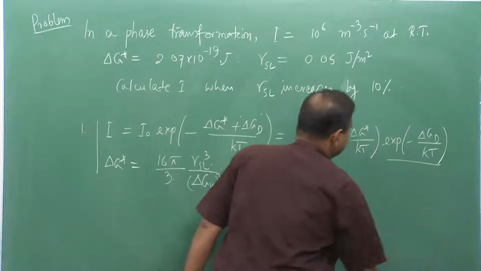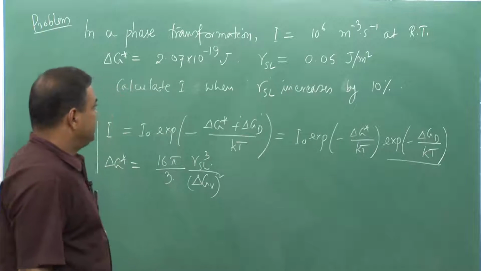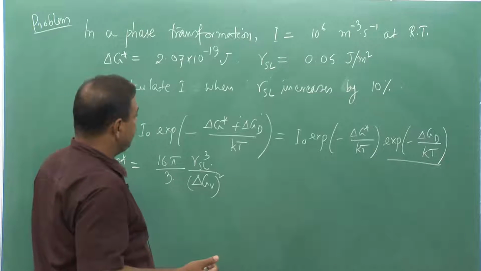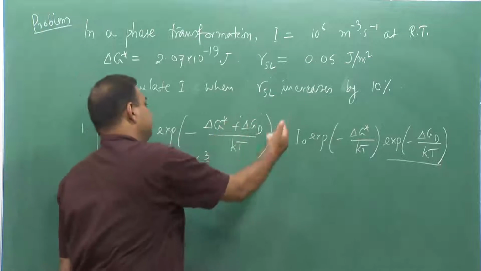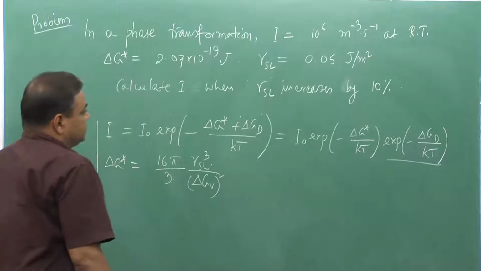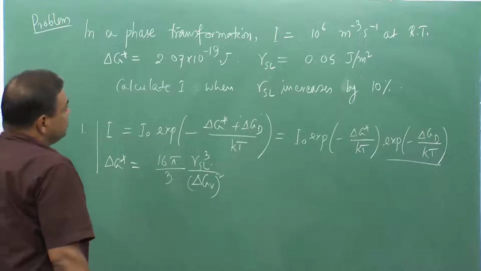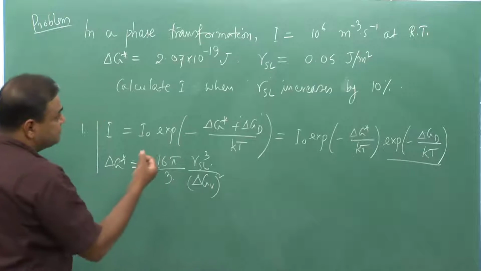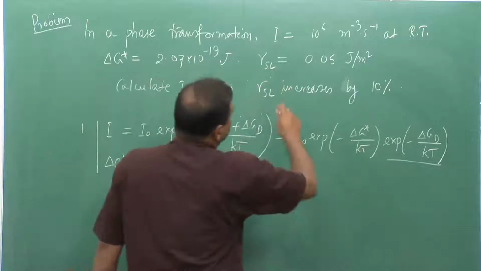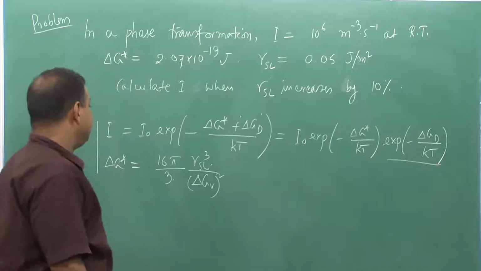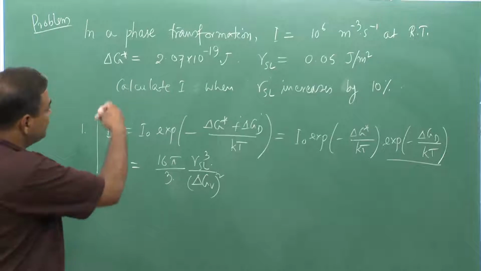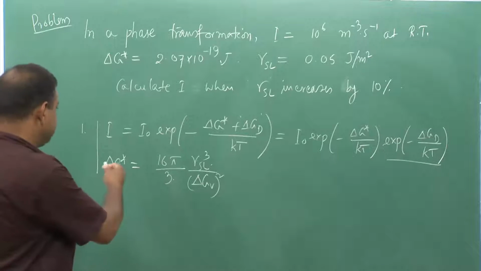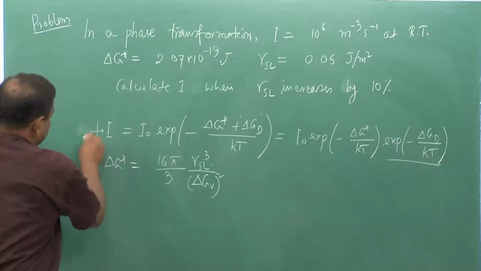So, these terms would remain the same when gamma SL is 0.05 joule per meter square, and when gamma SL increases by 10%. Now, we know that I equals 10 to the power 6 per meter cube per second. Before putting in those values, we can do a little bit of adjustment to this particular equation.